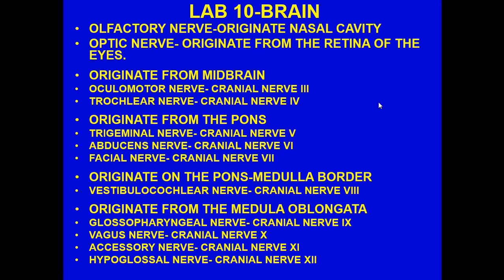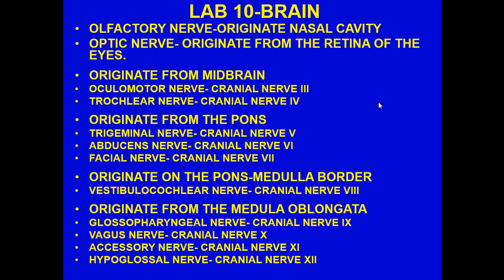Olfactory nerve originates in the nasal cavity. The optic nerves originate from the retina of the eyes. Now, and this is part of the key points also, a lot of these nerves do not attach to, let's say, the frontal lobe of the brain. This is all stuff that's going into a variety of the midbrain, pons, and medulla oblongata. All right.